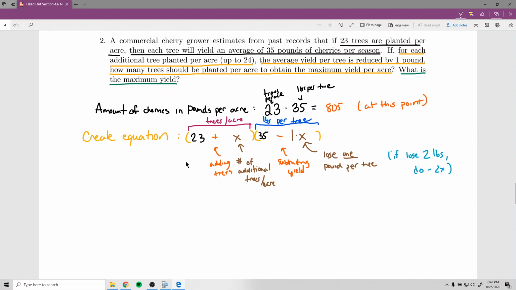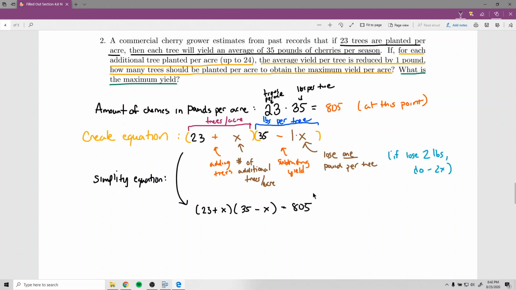But what I want to do here is simplify my equation now. We figured out the equation, but simplify it, just like last time. We got 23 plus x times 35 minus x. I'm going to drop the 1 now, FOIL it out. 23 times 35, I guess we're actually going to use it.